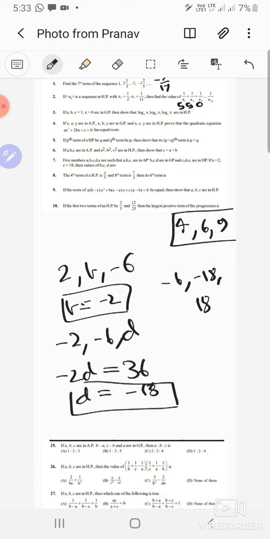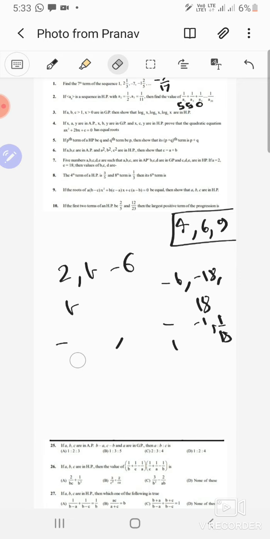You should have these in a harmonic progression, which means that the reciprocal of this is going to be minus 1 by 6, which can be written as minus 3 by 18, minus 1 by 18 and 1 by 18. This should be harmonic. This should be an arithmetic progression, and it is, because you go up by 2 every time. So yes, both of them work.